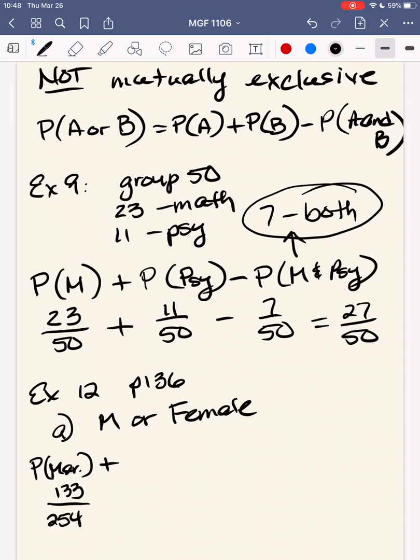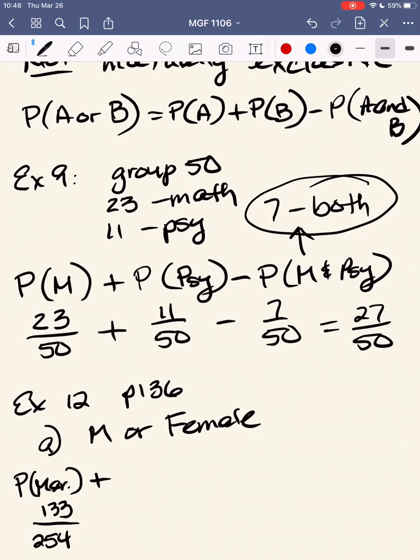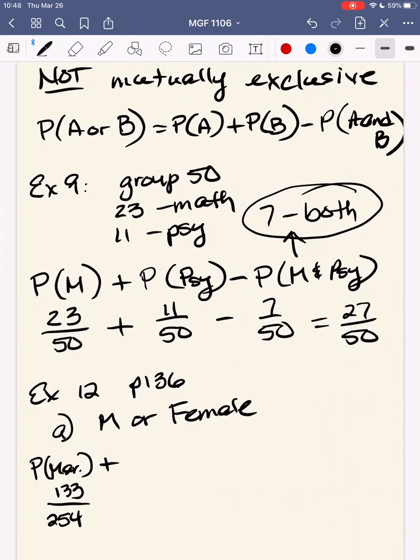My probability that they are female, so I go across my female row, and my total of females is 131. I'm also going to put that over my total, 254. And then I need to subtract both, the females that are married.